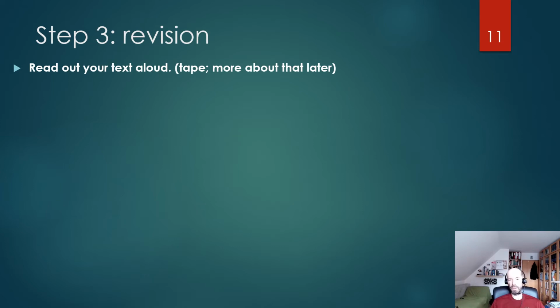And obviously this will show you where things have gone wrong and passages that need improvement. So either talk your text into your mobile phone and then replay it to you, or have it read to you by a friend, preferably someone who's also more or less familiar with the subject.